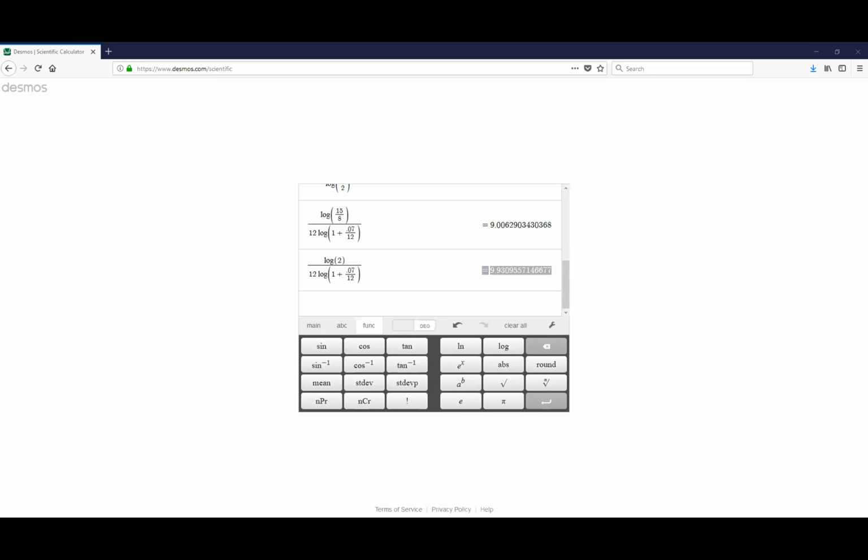We'll use our change of base formula to estimate this: log of 5/4 over 12 times log of 1 plus 0.08 divided by 12.